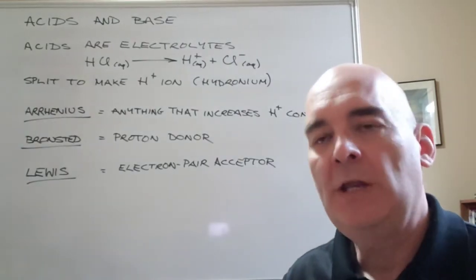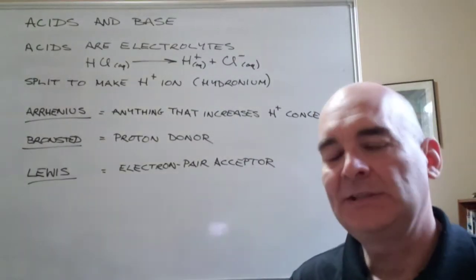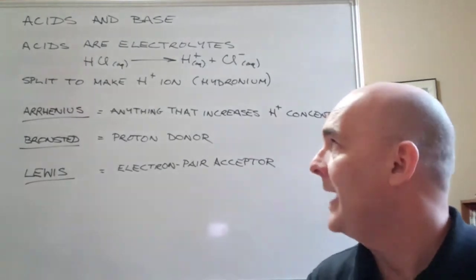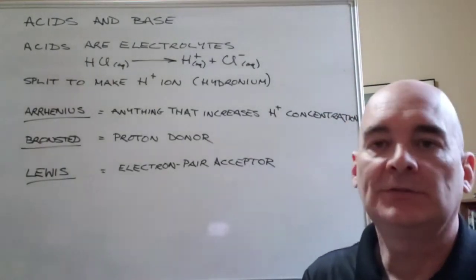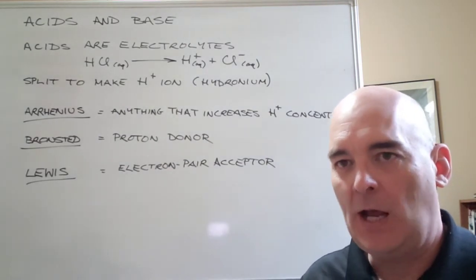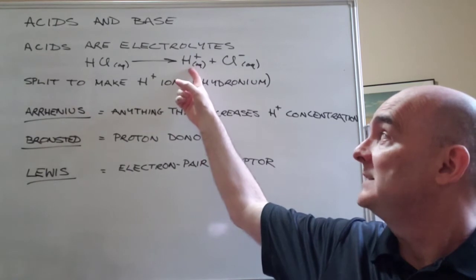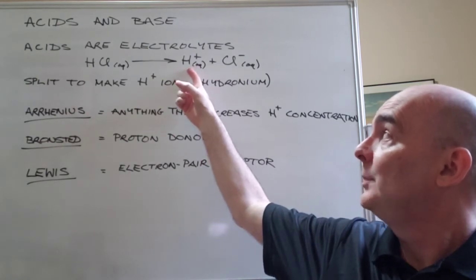Two of the very important families of ionic compounds are acids and bases. Now, acids are electrolytes. They split apart in solution and they generate ions, but specifically, we want to see acids generate H+.